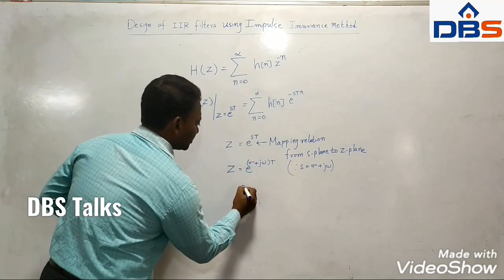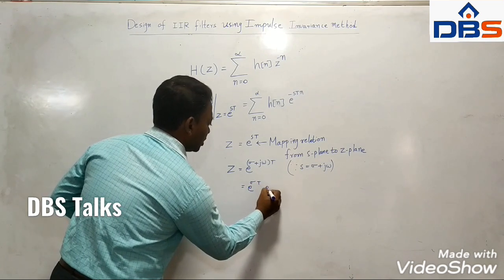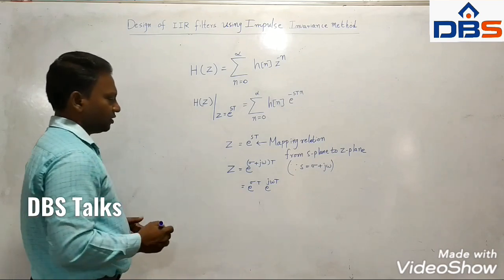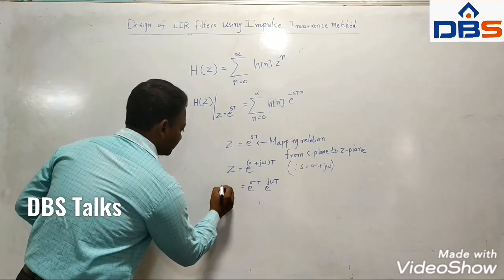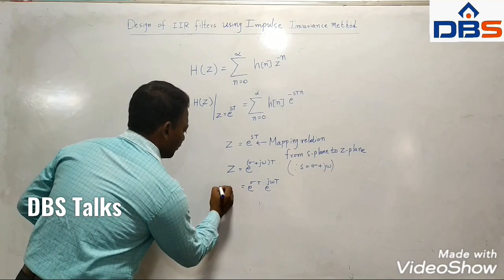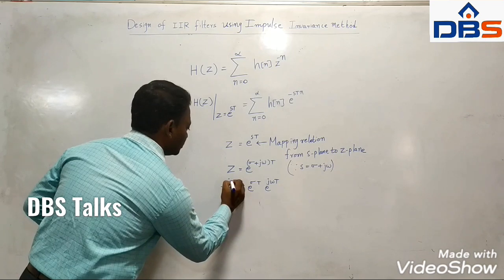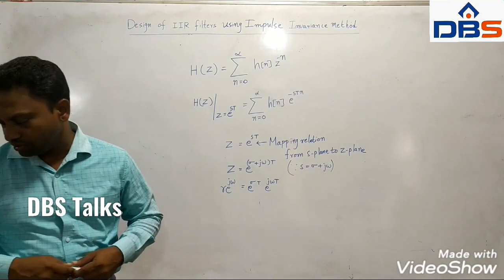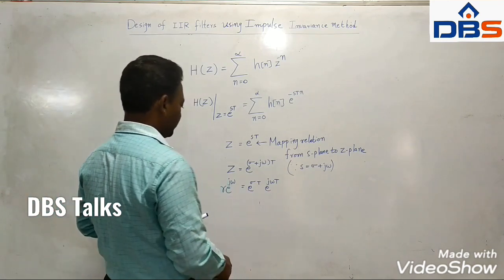If you expand this, it is e power sigma t into e power j omega t. Now z we can write in polar form, that is r into e power j omega. This is the relation.